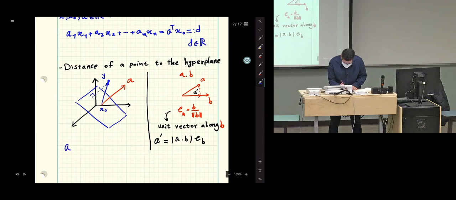So we get A transpose, the dot product, with y minus x0. And this will give us A transpose y minus A transpose x0.